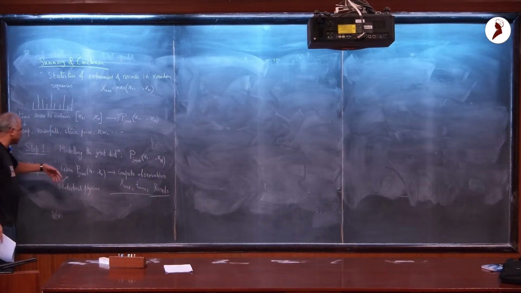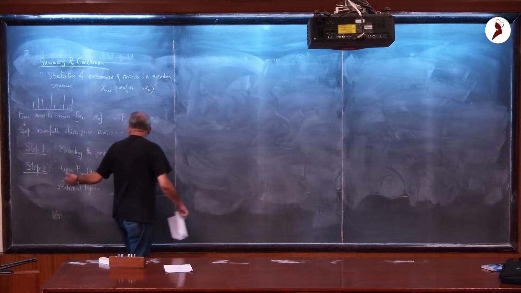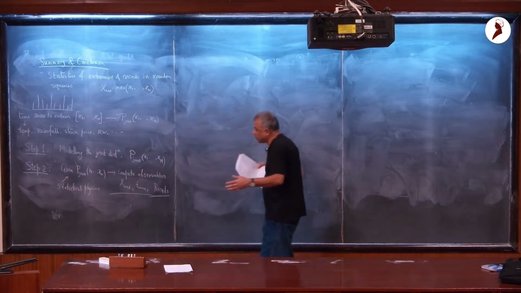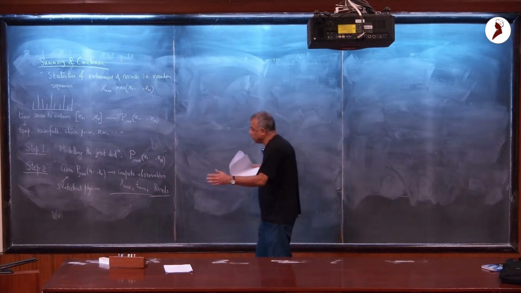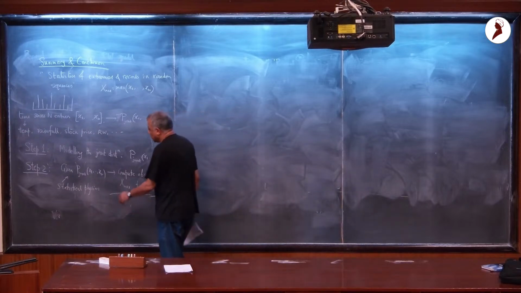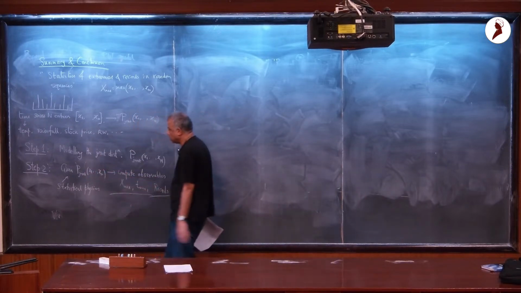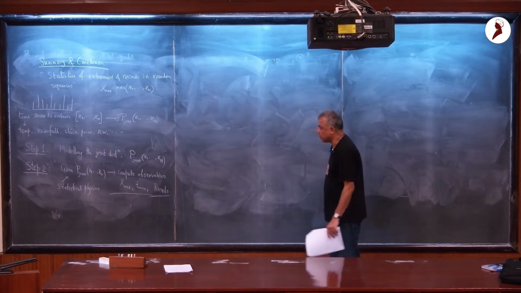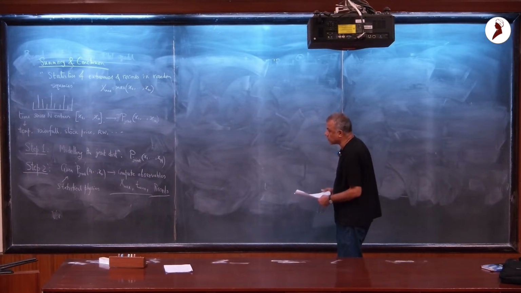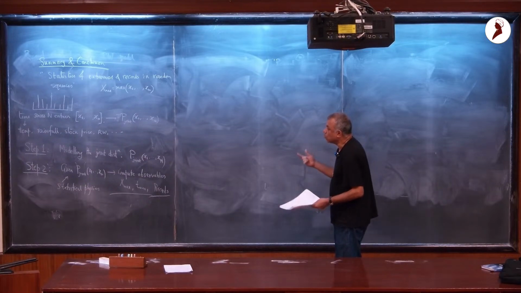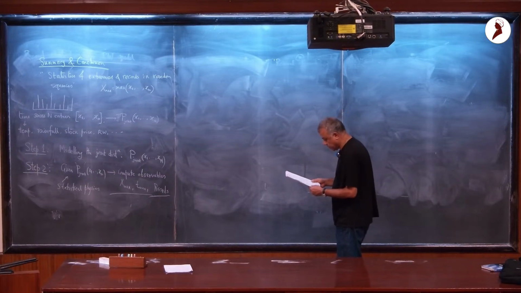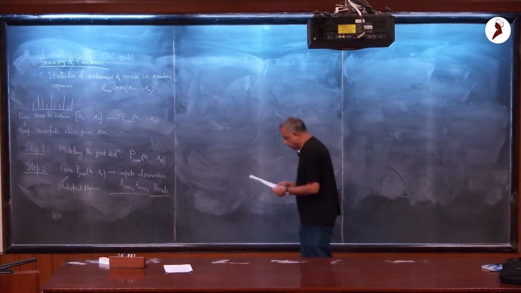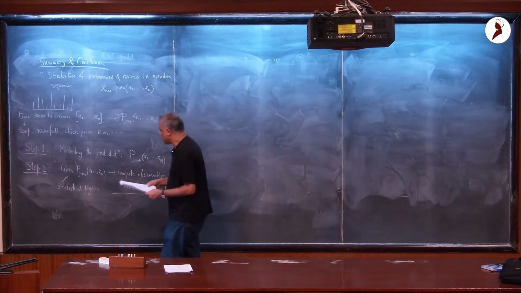I showed you in the class how you can interpret this as a problem of n interacting particles in the presence of a wall. So that's the statistical physics system, and you can use many techniques from statistical physics to calculate some of these things. So statistical physics is useful.